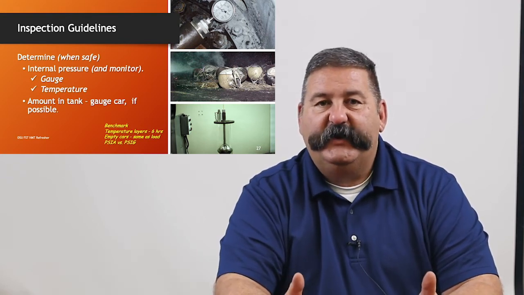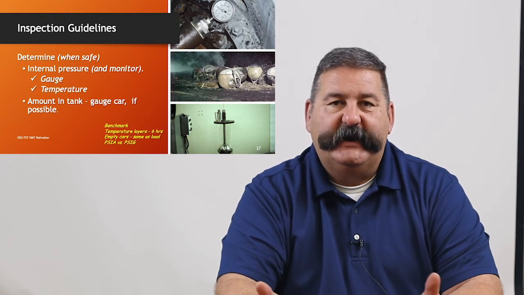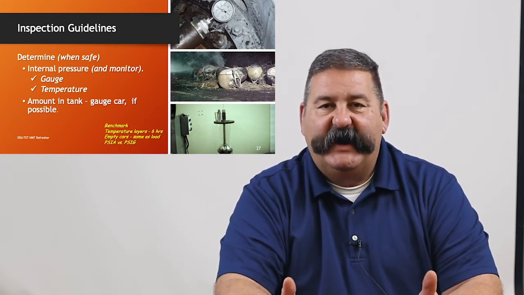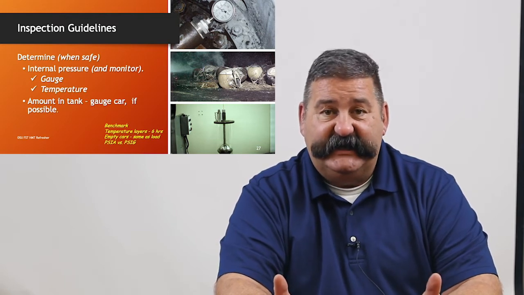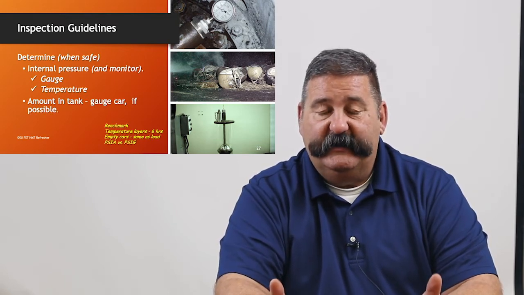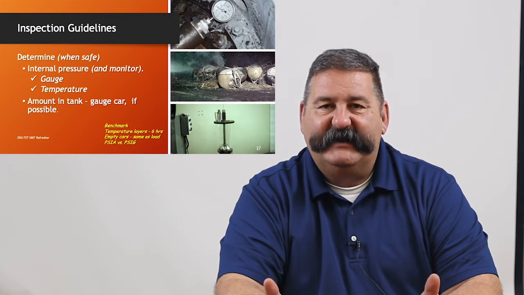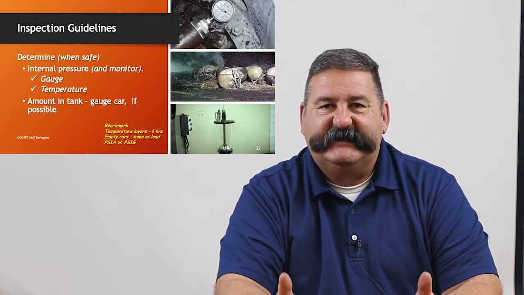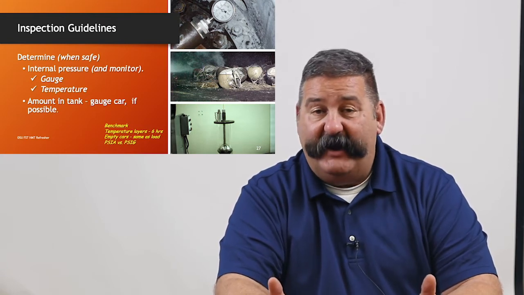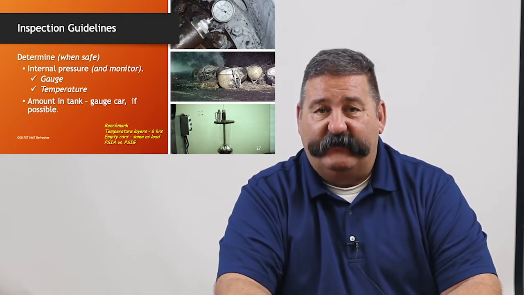For every 1 degree increase or decrease, there's a corresponding 2 psi. So if I'm saying that, hey, it's 78 degrees, the difference between 78 and 68 is 10. I multiply that times 2, that makes 20. I add that to my number from earlier of 123 psi. So at 78 degrees, I can expect about 143 psi in that liquefied petroleum gas rail car.